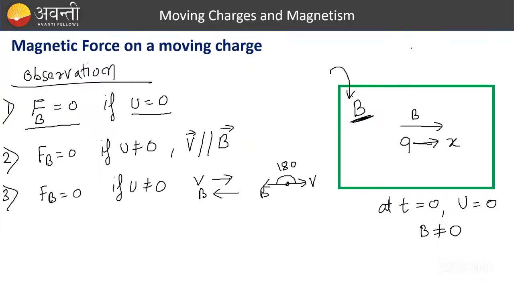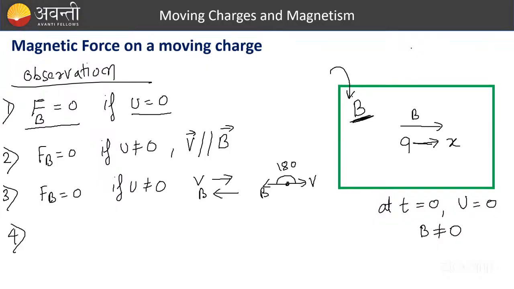So basically, in a region there is a magnetic field and he is doing experiments. Initially, he gave no velocity to the charge, no force. In the second case, he gave it velocity in the direction of the magnetic field, still no force. Then he gave it velocity opposite to the direction of the magnetic field, still force is zero.